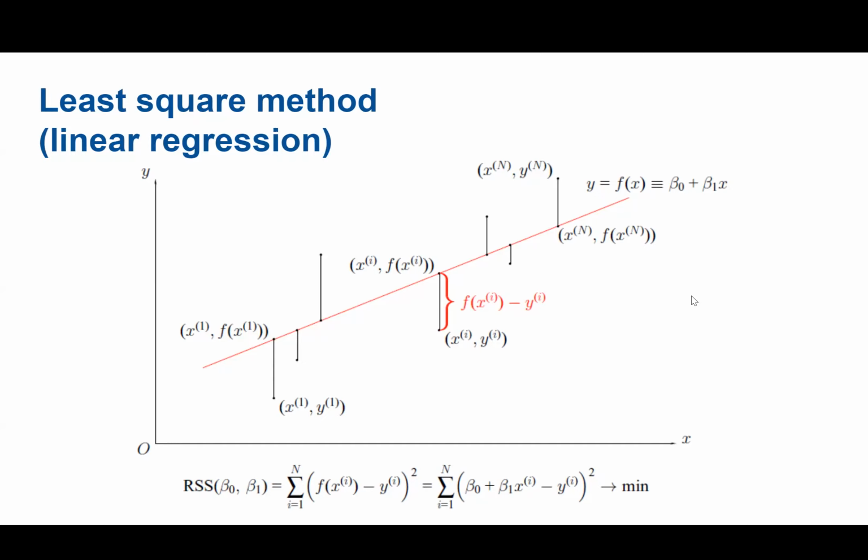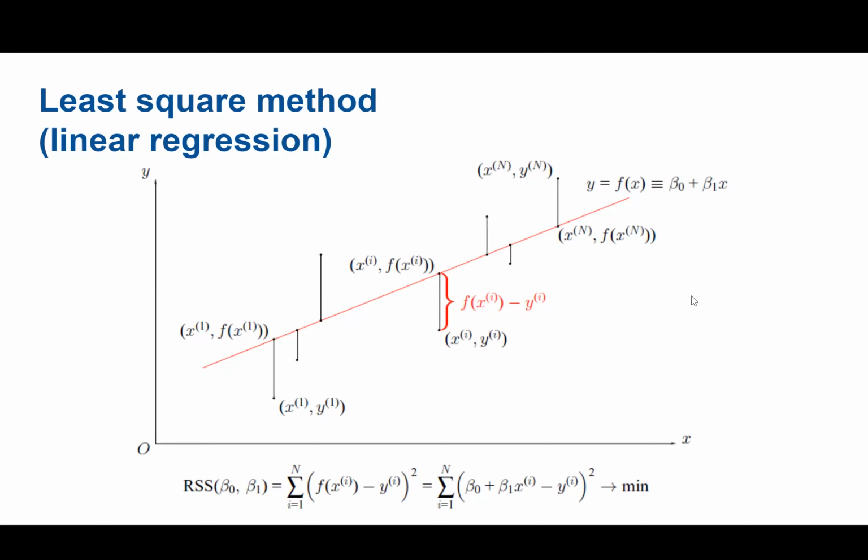And when the second derivative is negative, then it is the maximum point. But what about the first derivative? In the minimum or the maximum, the derivative is zero, yeah?